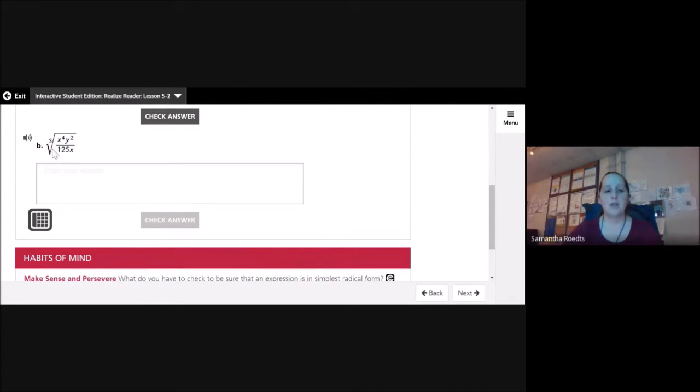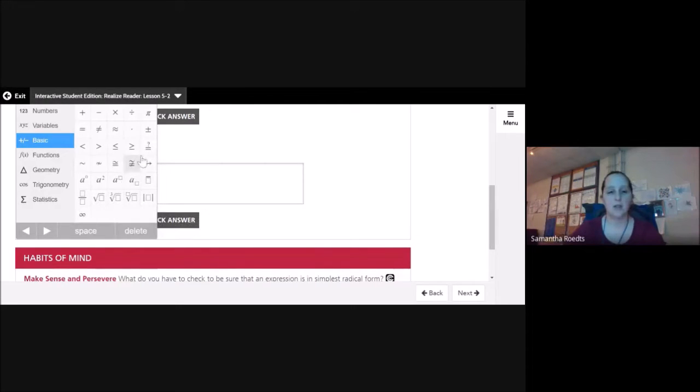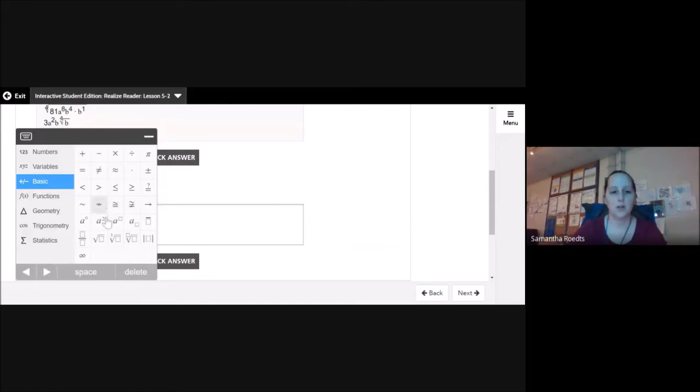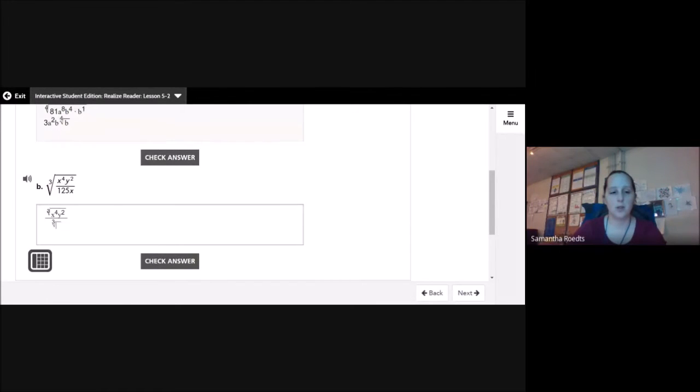For b, I have the cube root of x to the 4th y squared over 125x. So I can rewrite this as the cube root of x to the 4th y squared over the cube root of 125x.